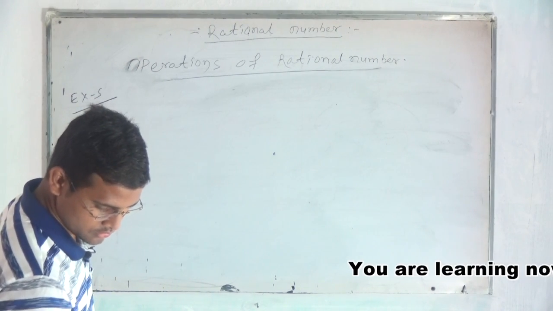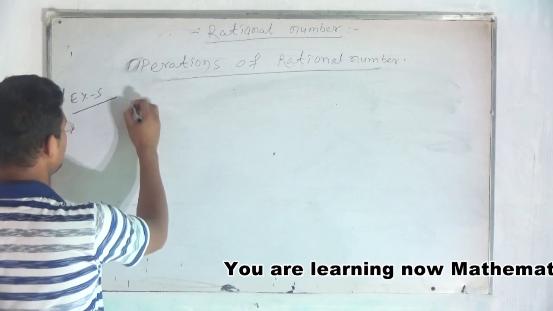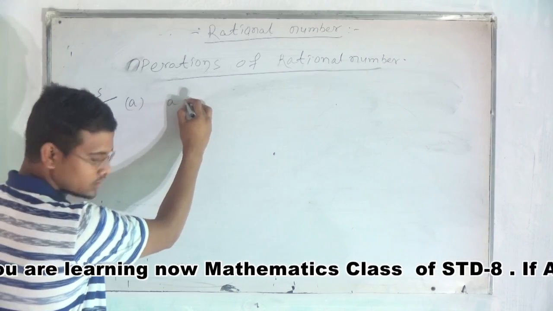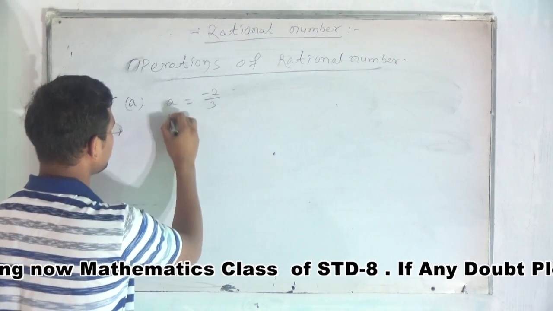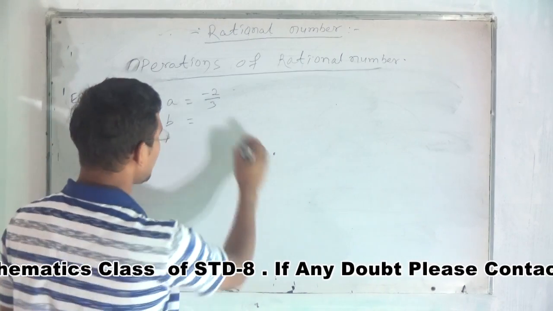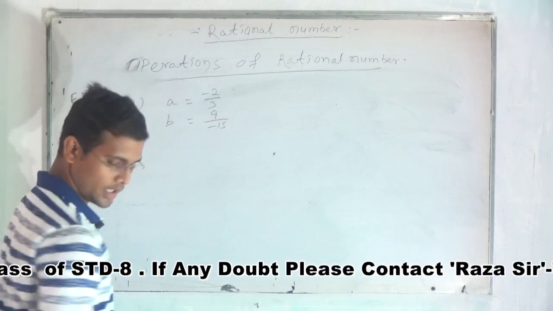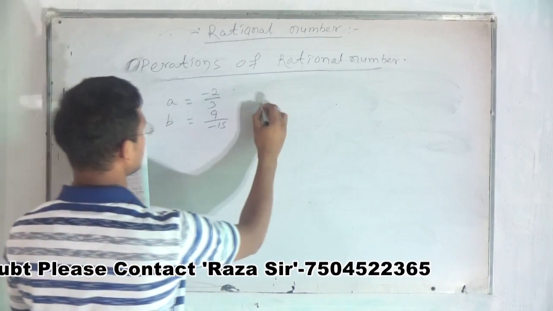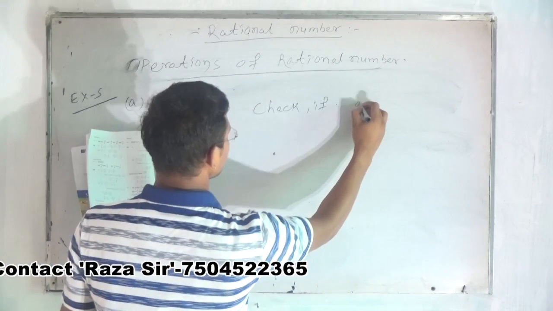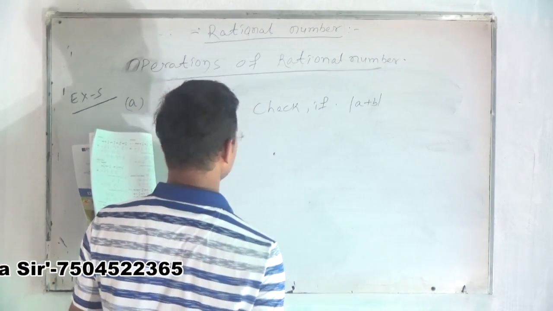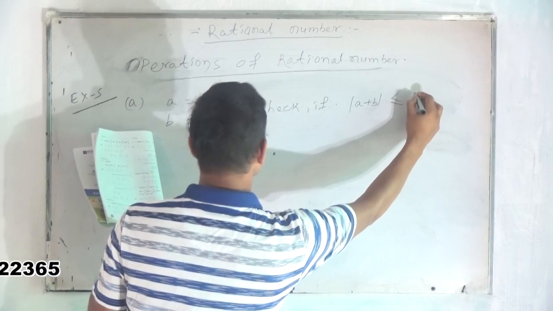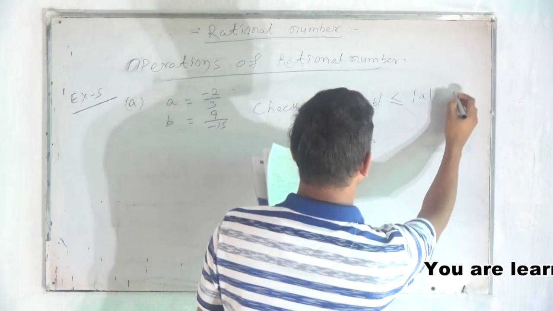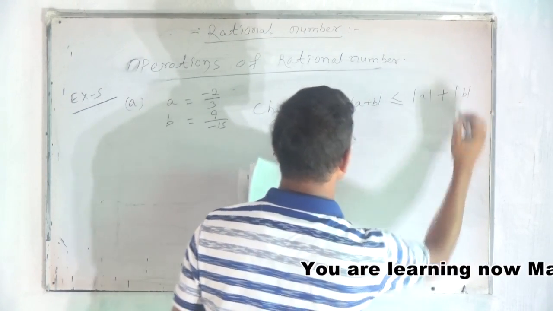Question is, if a is equal to minus 2 by 3, then b equal to 9 by minus 15, then we have to check the absolute value of a plus b is less than or equal to the absolute value of a plus the absolute value of b.